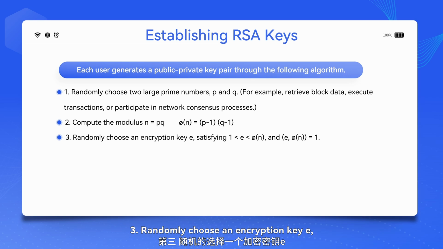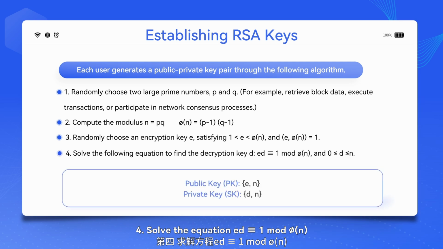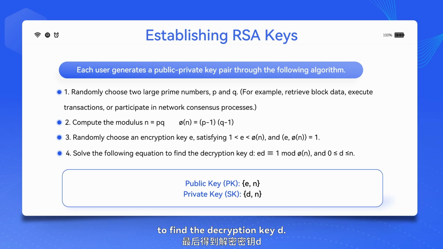Randomly choose an encryption key E, which must lie between 1 and phi(n). 4. Solve the equation ed congruent to 1 modulo phi(n) to find the decryption key D. In asymmetric cryptography, the most important aspect is keeping the decryption key D secret. The final public key is E, and the private key is D.